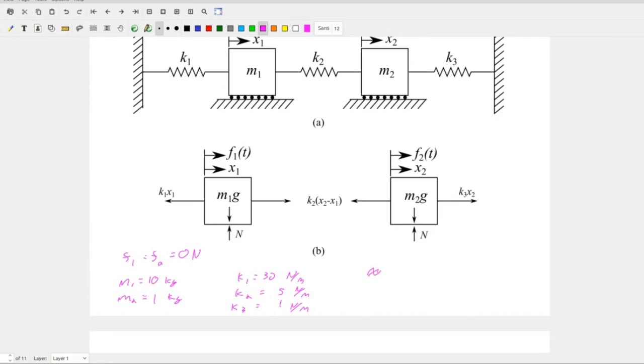And let's go with x1 of 0 is equal to 1 millimeter.